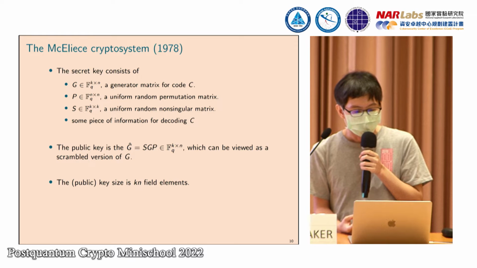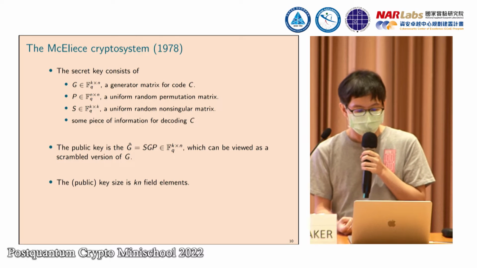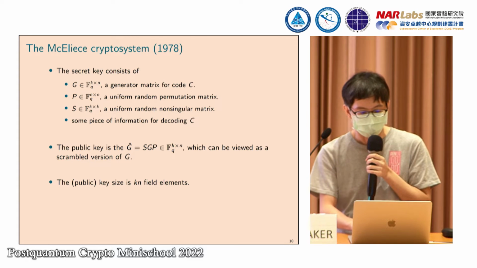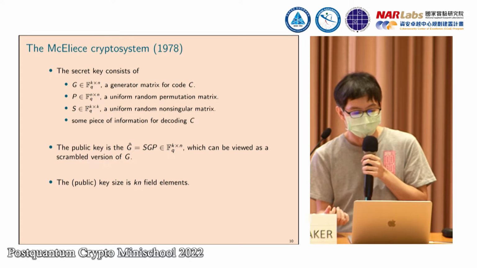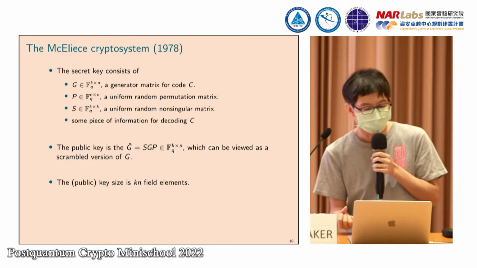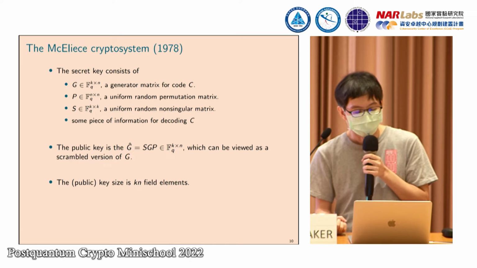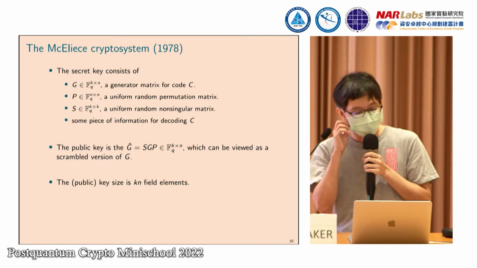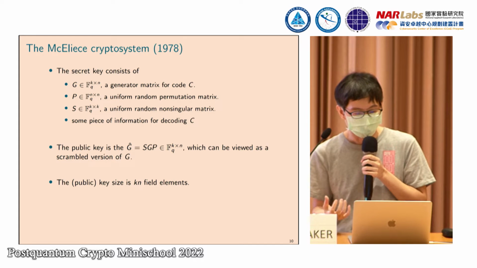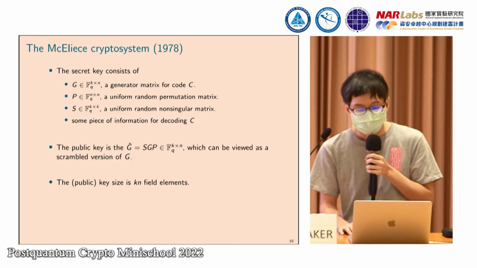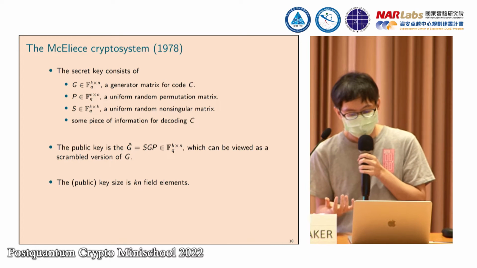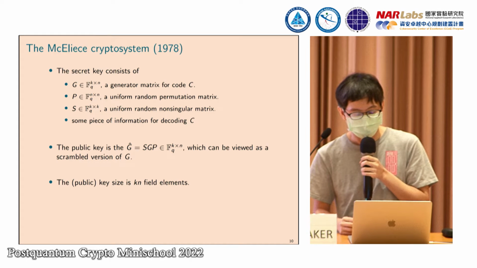In this crypto system, the secret key is going to consist of a generator matrix G, and also a random permutation matrix P, and a random non-singular matrix S. And the last piece of the secret key is going to be some kind of information that you need to decode C. Here I should probably say a bit more about how this secret key is defined.